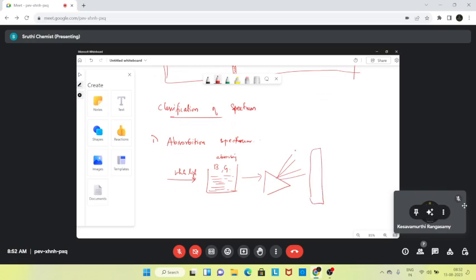This is violet, indigo, blue, green, yellow, orange, and then red. Why did I put dots for blue and green? Will you tell me why they are dots?